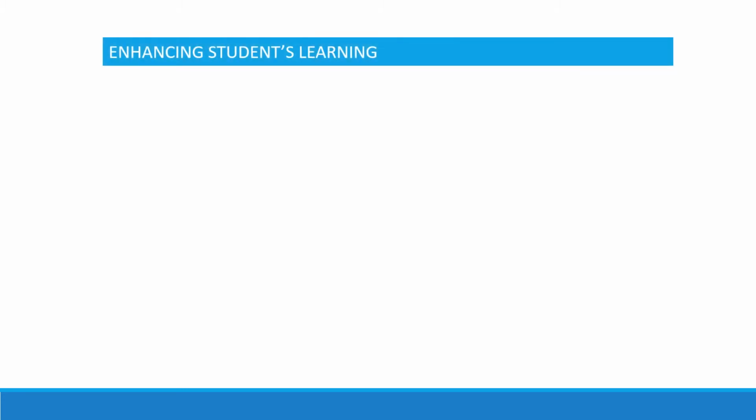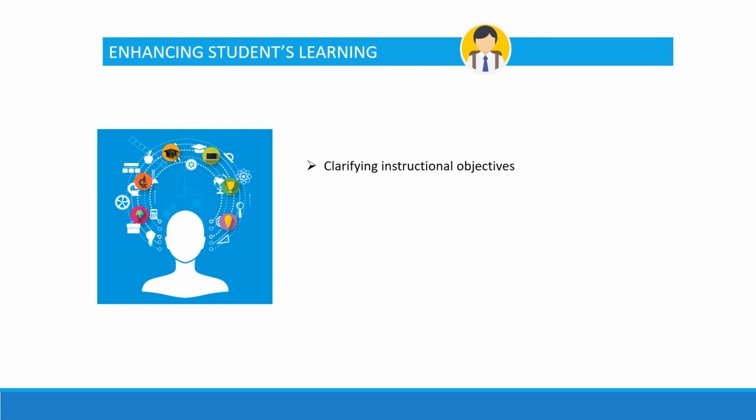Now let us proceed to the functions of grading and reporting system. The first function of grading and reporting system is enhancing students' learning. How is the grading and reporting system going to enhance the learning of the students? It will be through, number one, clarifying instructional objectives.